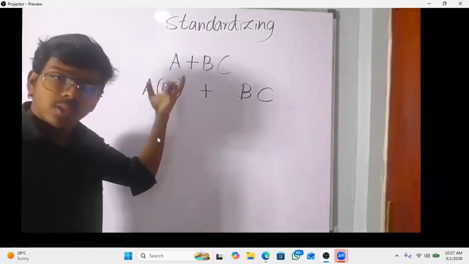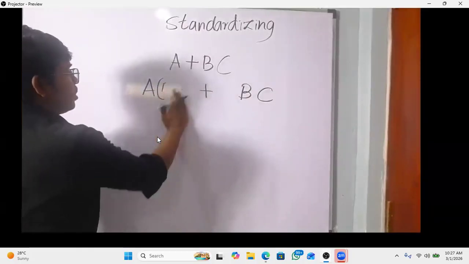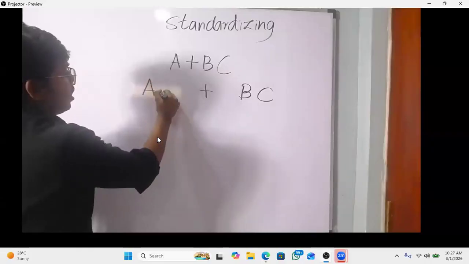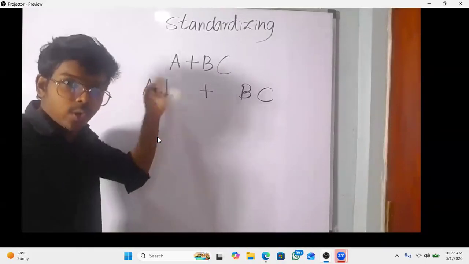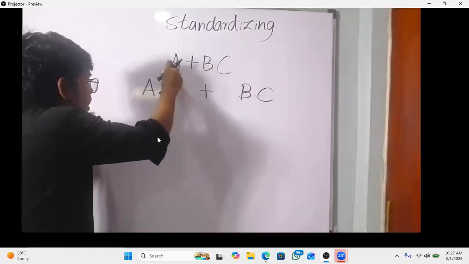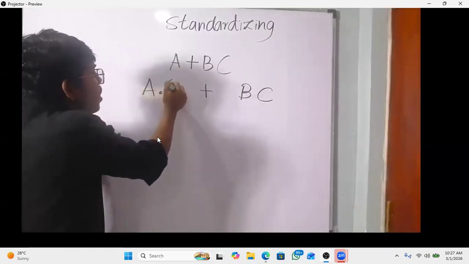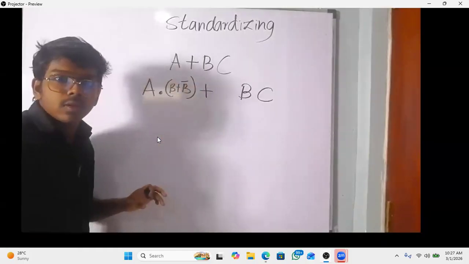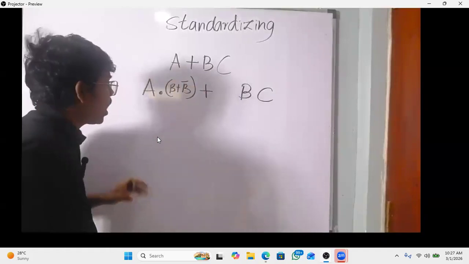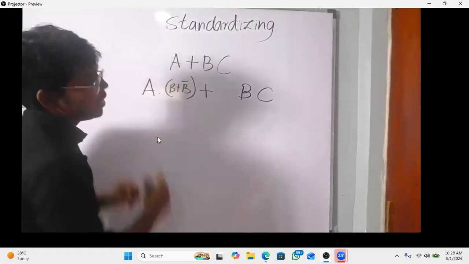B plus B bar means 1. If I say A dot 1, that is the same as A. A into 1 is A. So instead of adding 1, I can say 1 is B plus B bar. 1 is still the same. I added B here.